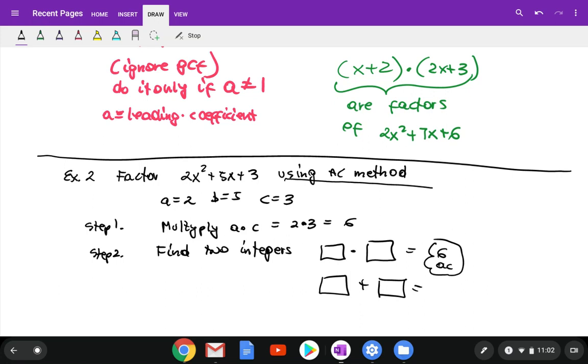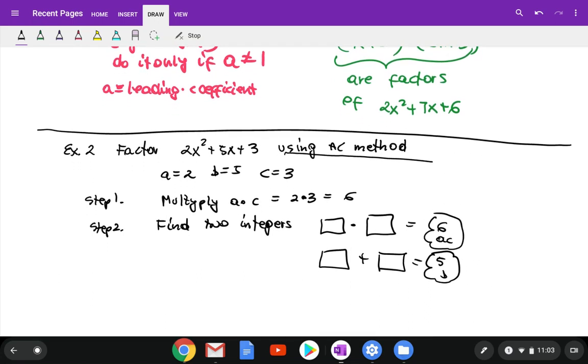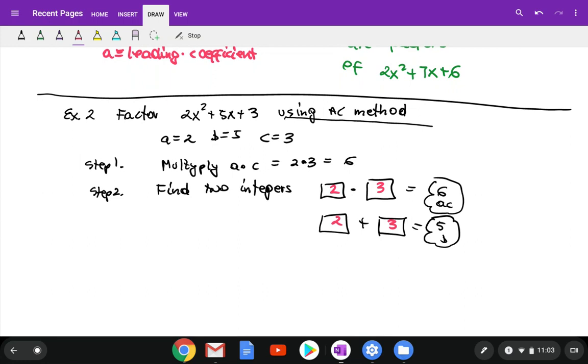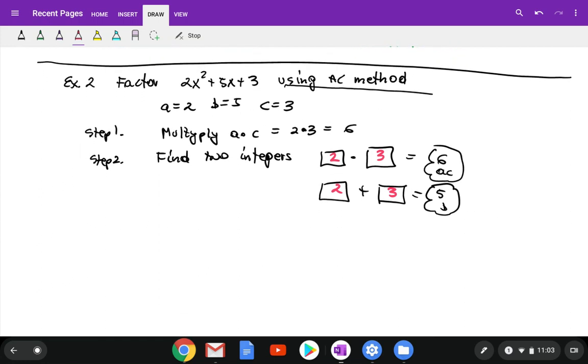In our case, b is equal to 5. Okay, so what's going to work? 2 and 3. 2 times 3 is 6. 2 plus 3 is equal to 5. So we have them. So this is, I would say, 70% of the work. Okay, those first two steps.